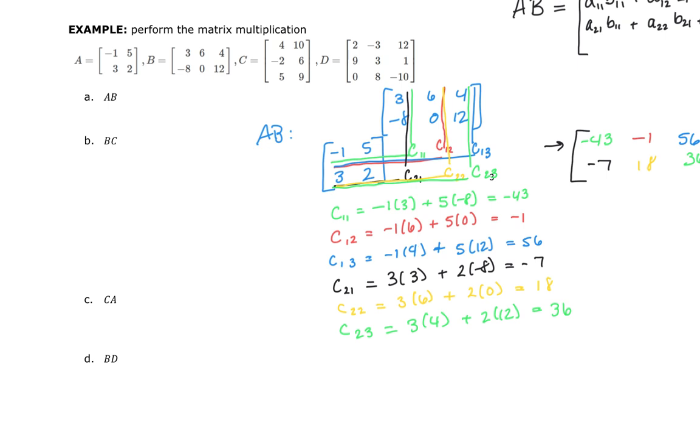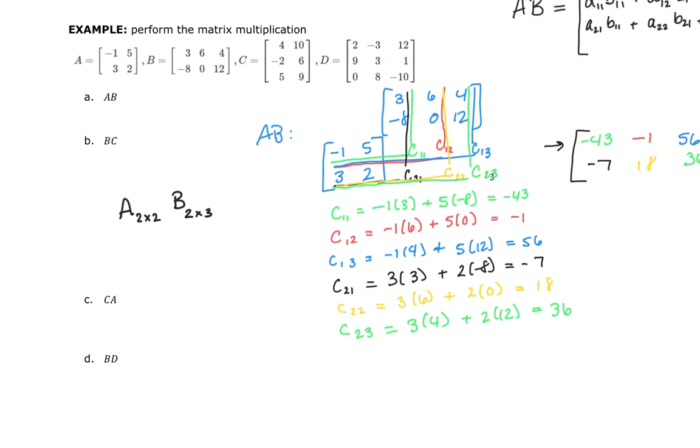Now, the reason the size doesn't matter is because what I'm doing is I'm taking my A matrix, which is a 2 by 2 matrix. And then I have my B, which is 2 rows and 3 columns.